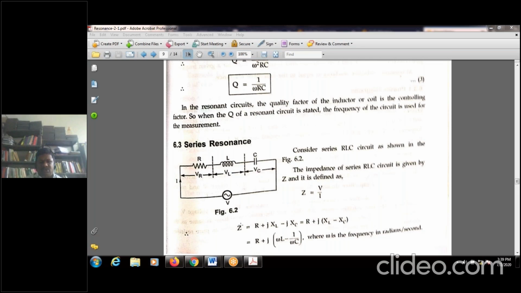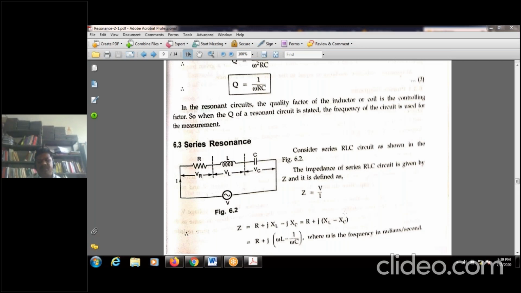All elements are connected in series, so R plus jXL minus jXC, and taking j common, R plus j(XL minus XC). Then Z is equal to R plus j(omega L minus 1 by omega C), where XL is equal to omega L and XC is equal to 1 by omega C.